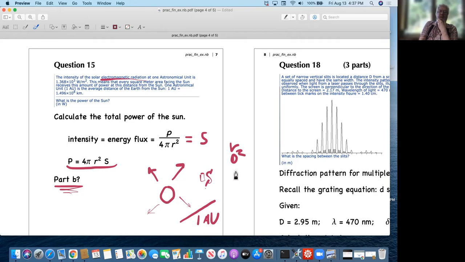And you're trying to calculate the power hitting that solar panel.